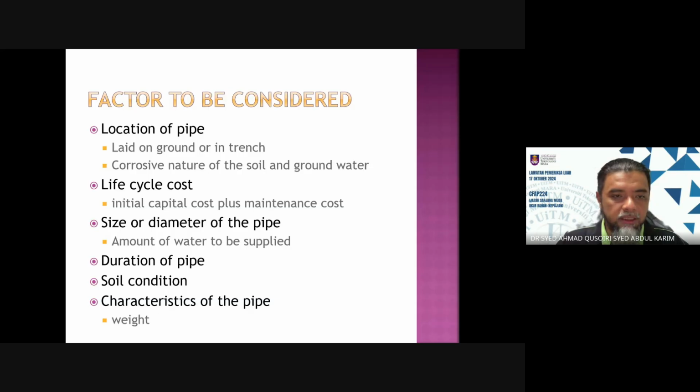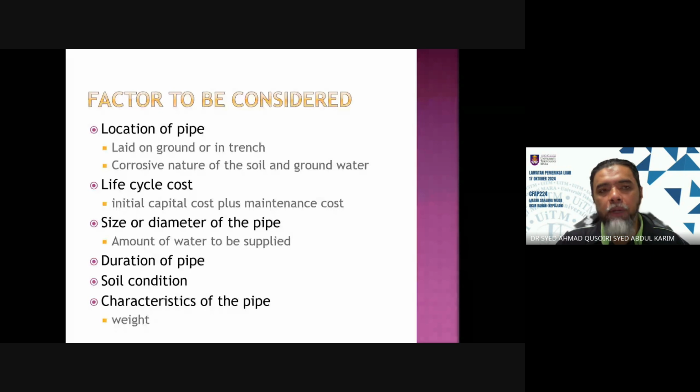Okay, so life cycle cost, initial capital cost plus maintenance cost. So the cost, I mean the pipes, the main pipes, the distribution pipes, they have what you call a life cycle.